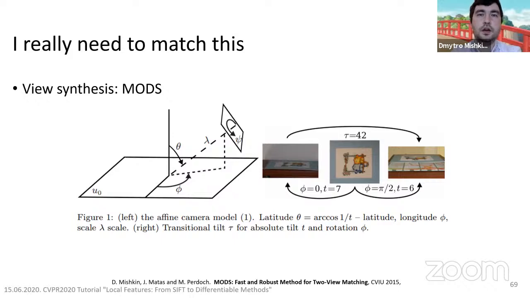Now, if you really need to match something, you can go for the thing which was originally proposed in the SIFT paper, but it can be done in a more fast and clear way.